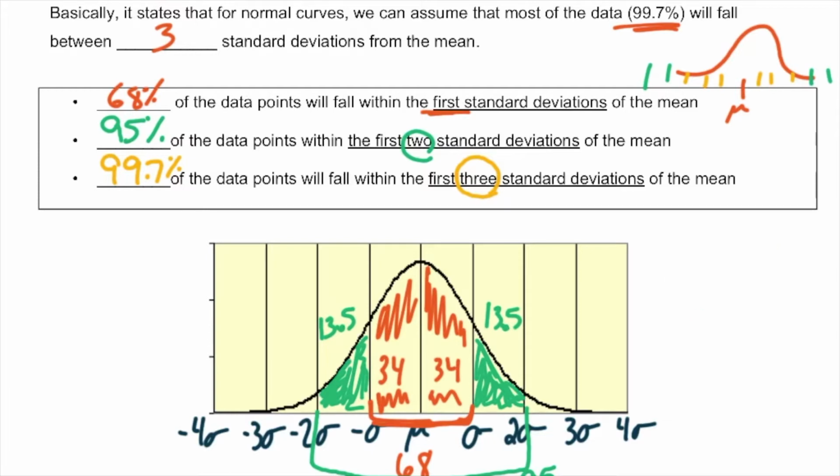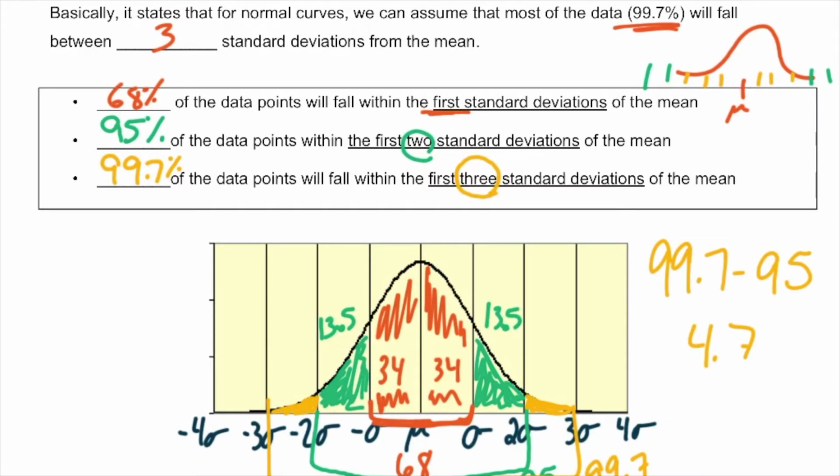The last piece is that 99.7% falls within 3 standard deviations. So now I'm going to take that 99.7 and subtract the 95 we were just dealing with. And so these 2 little yellow chunks right here are in total 4.7%.